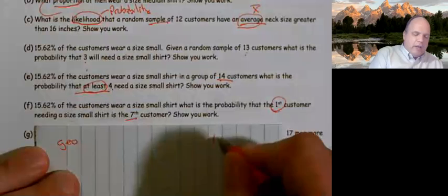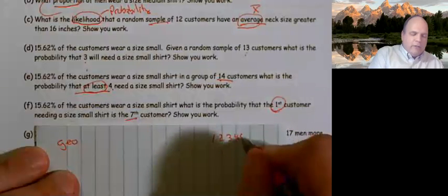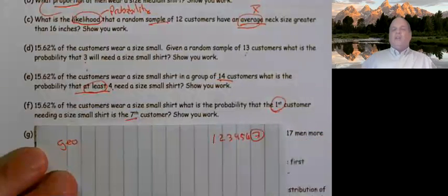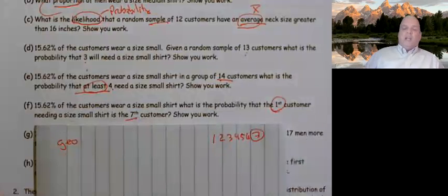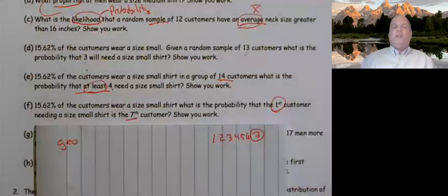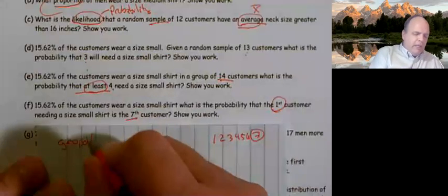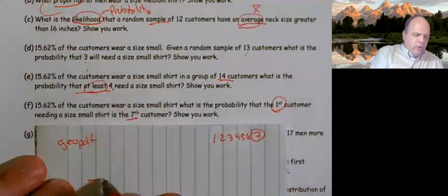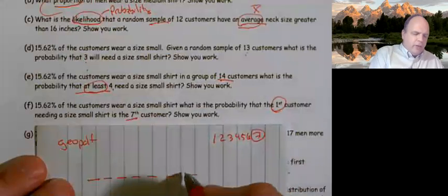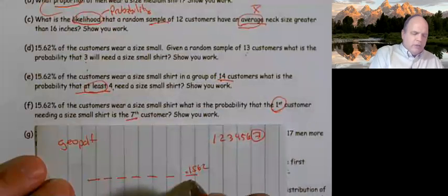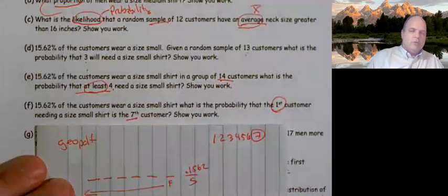If I'm making a number line, 1, 2, 3, 4, 5, 6, 7. It's not among, it's not before or after. It's specifically this one. So this means this is a geo PDF. So 1, 2, 3, 4, 5, 6, 7. This is going to be my success, which is 0.1562. So success, fail, these are all fails.